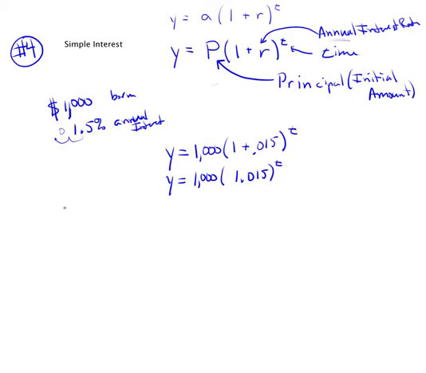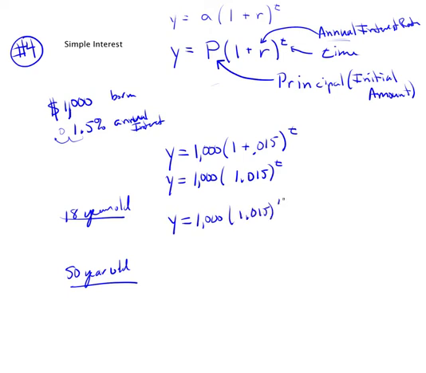Now, we want to know some information. When you're 18 years old, how much would you have in the bank if you were to withdraw it then? If you left it there, how much would you have if you left it for 50 years? Very similar to what we did before, our exponent is 18.